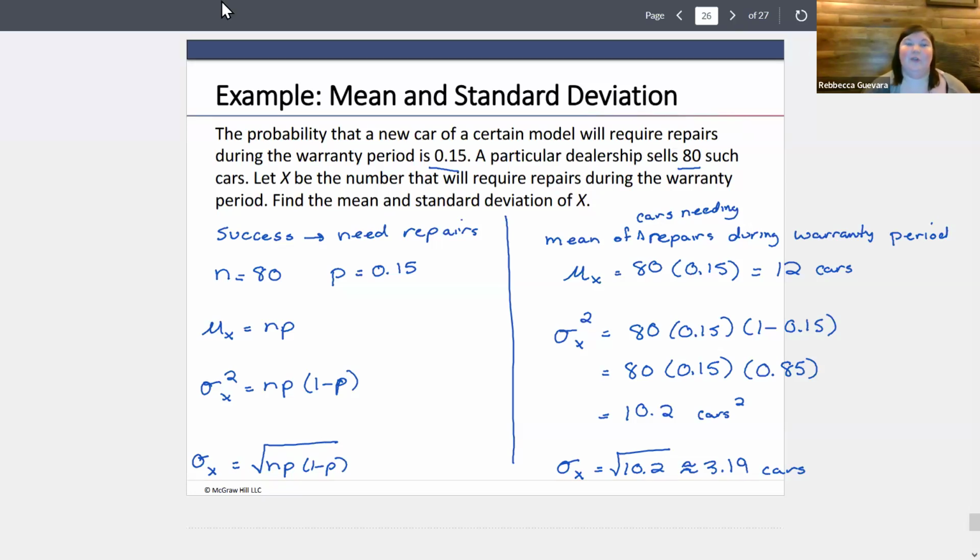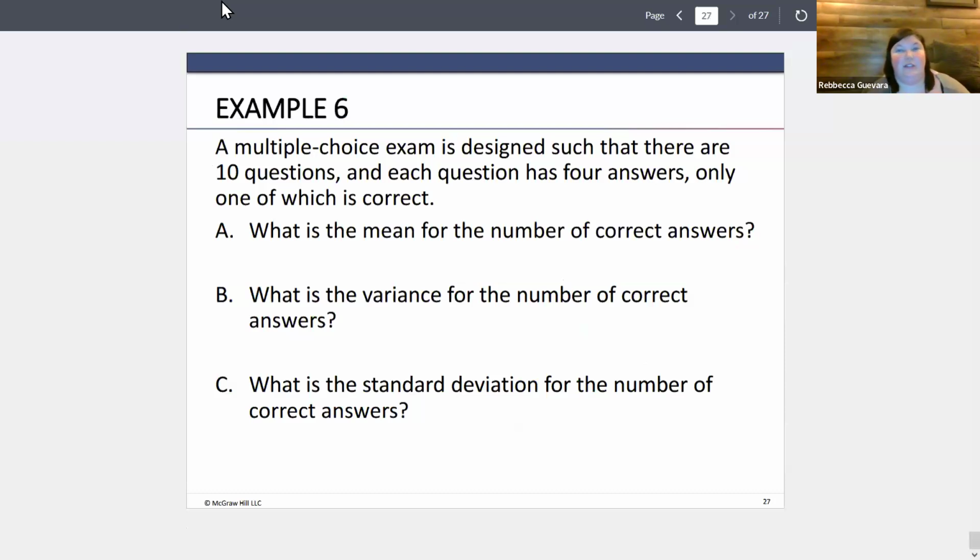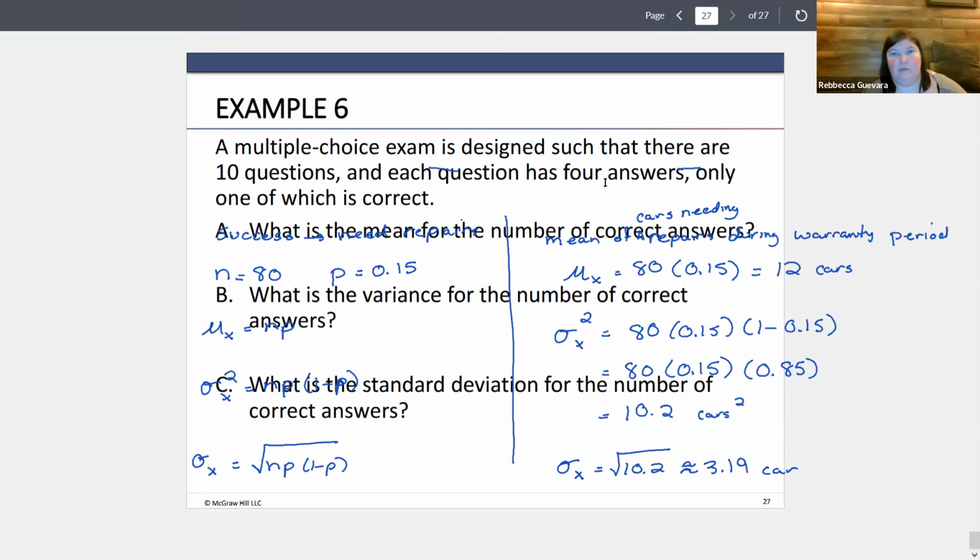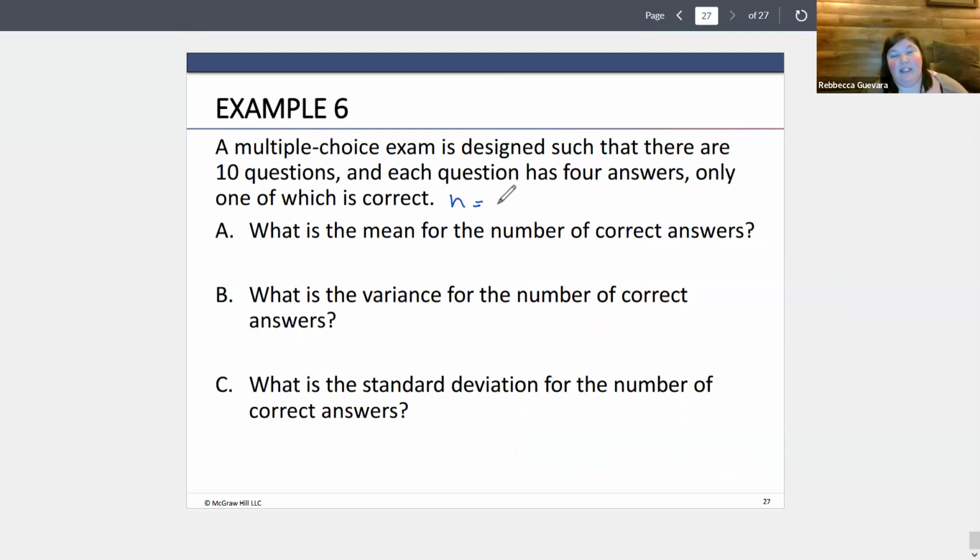Okay, so going back to the multiple choice questions. So we had 10 trials. The probability of successfully answering a question is 1 out of 4, or 0.25. So what is the mean for the number of correct answers?